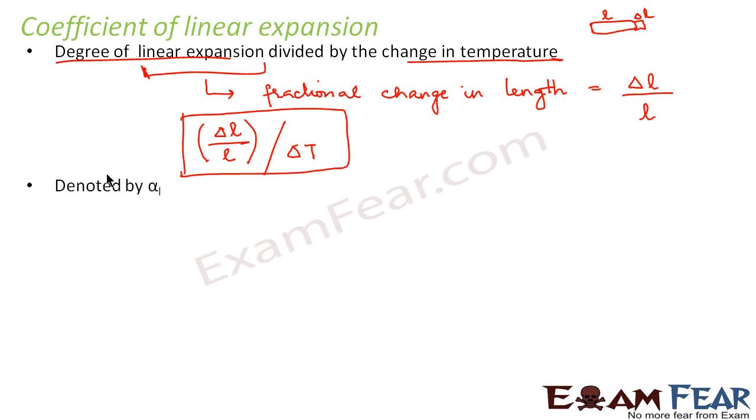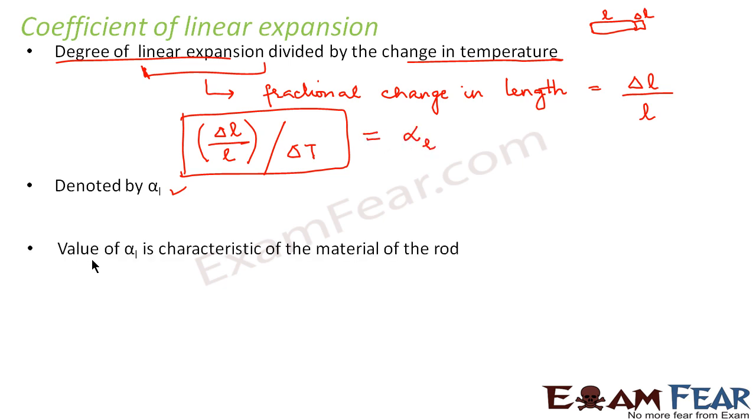It is denoted by alpha L, where alpha denotes thermal expansion in general and the L subscript is used for linear expansion. Value of alpha L is characteristic of the material of the rod.